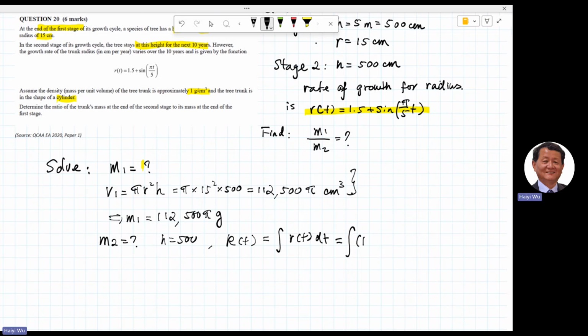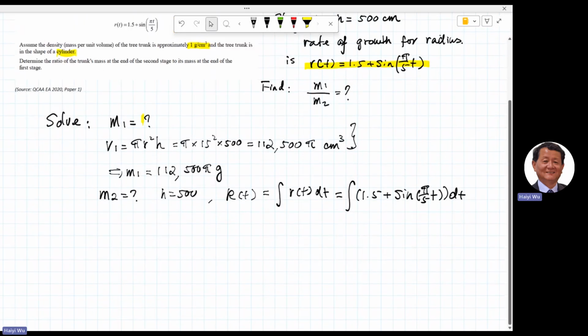Substitute 1.5 plus sine pi over 5t with respect to time. Let's do the integration. 1.5t.